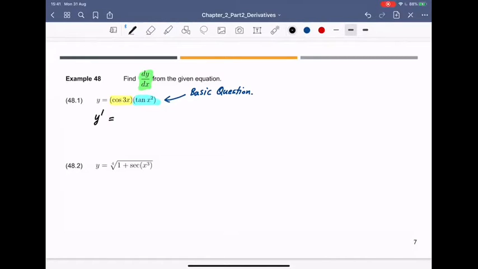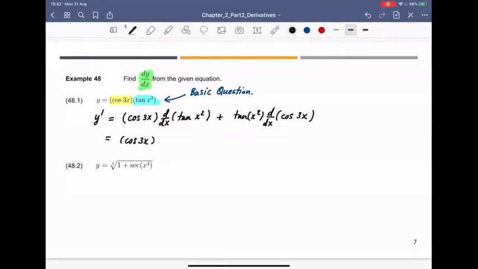So this is going to be: I keep cosine 3x, and then I need to differentiate tan x squared. And then plus, I keep tan x squared, and then I need to differentiate cosine 3x. Right? So now cosine 3x is done.